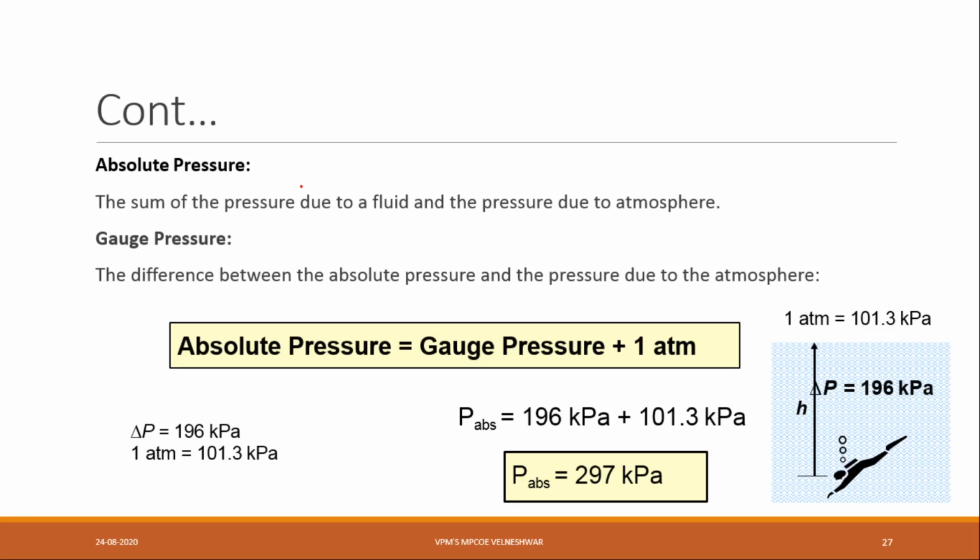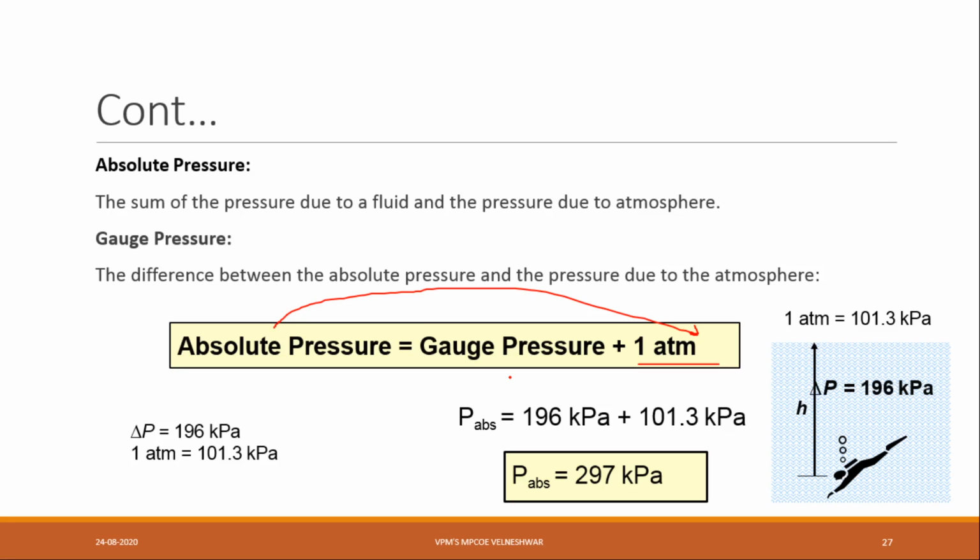Then the gauge pressure: absolute pressure is equal to gauge pressure plus atmospheric pressure. Now what will be the gauge pressure formula? Absolute pressure minus atmospheric pressure, then we will get the exact value of gauge pressure. Gauge pressure is the difference between absolute pressure and atmospheric pressure.